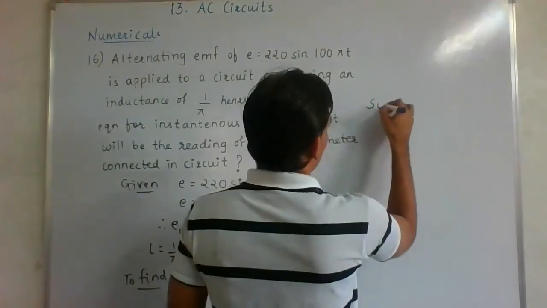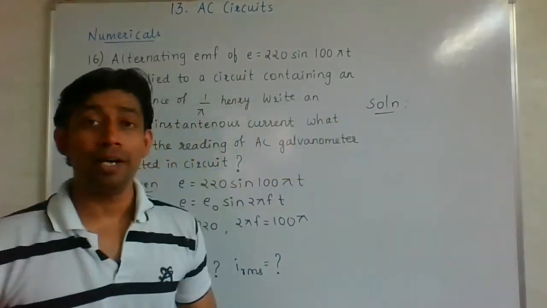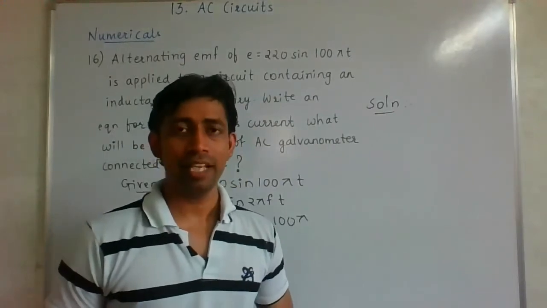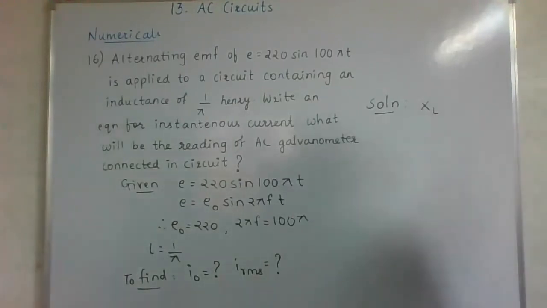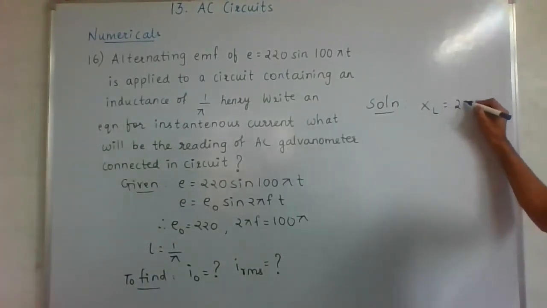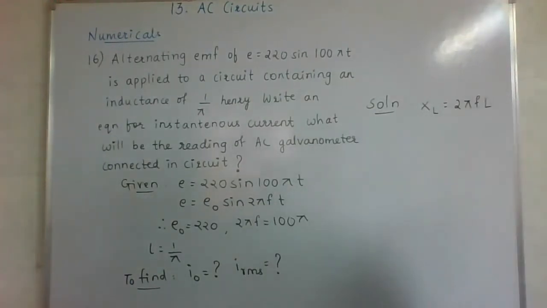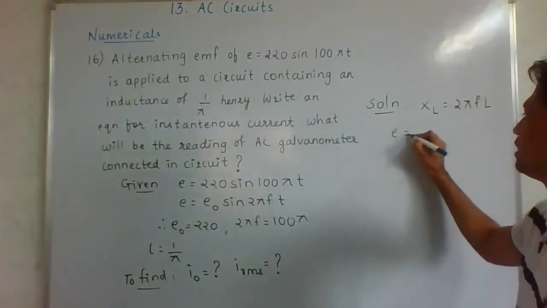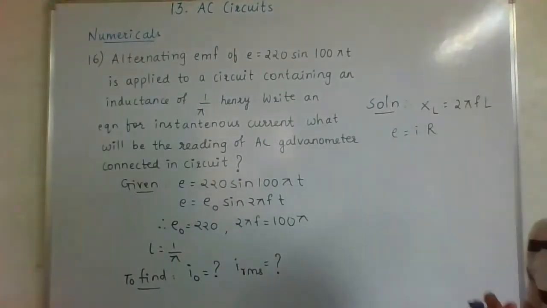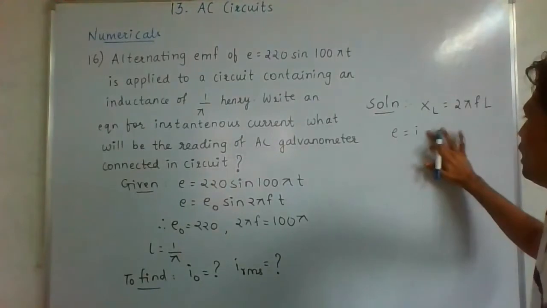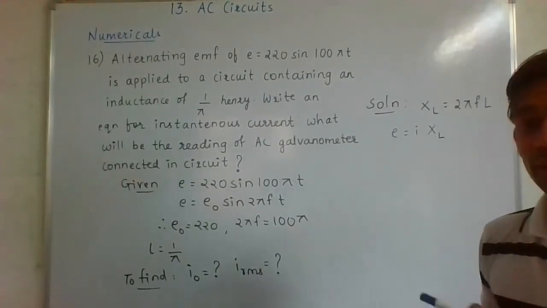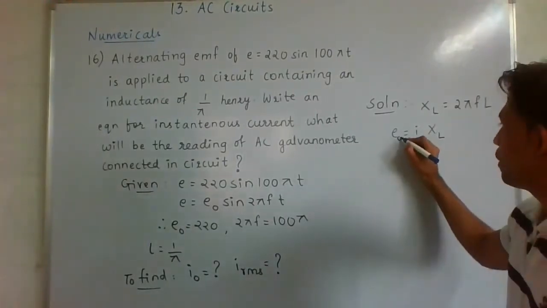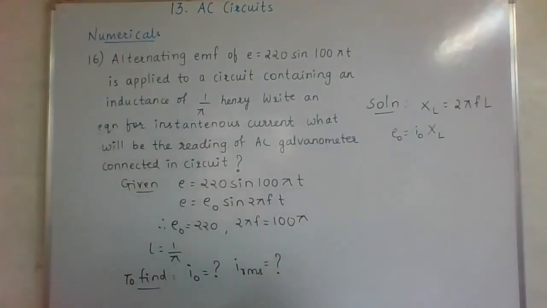I hope you have referred my lecture number 7 on inductor. ठीक है, so उसमें एक फॉर्मूला सीखा हम लोगों ने, which is regarding XL, inductive reactance. क्या है इसका फॉर्मूला? 2 pi f L. अब हमको ओम्स लॉ पता है, which is E is equal to I into R. बट इंडक्टेंस हो तो R के बदले क्या यूज करते हैं हम लोग? इंडक्टिव रिएक्टेंस, रेजिस्टेंस के बदले इंडक्टिव रिएक्टेंस XL. एंड इधर हम मैक्सिमम करंट ले लेंगे, मैक्सिमम EMF ले लेंगे. सो इससे कहीं ना कहीं हमको I naught का वैल्यू मिल सकता है.